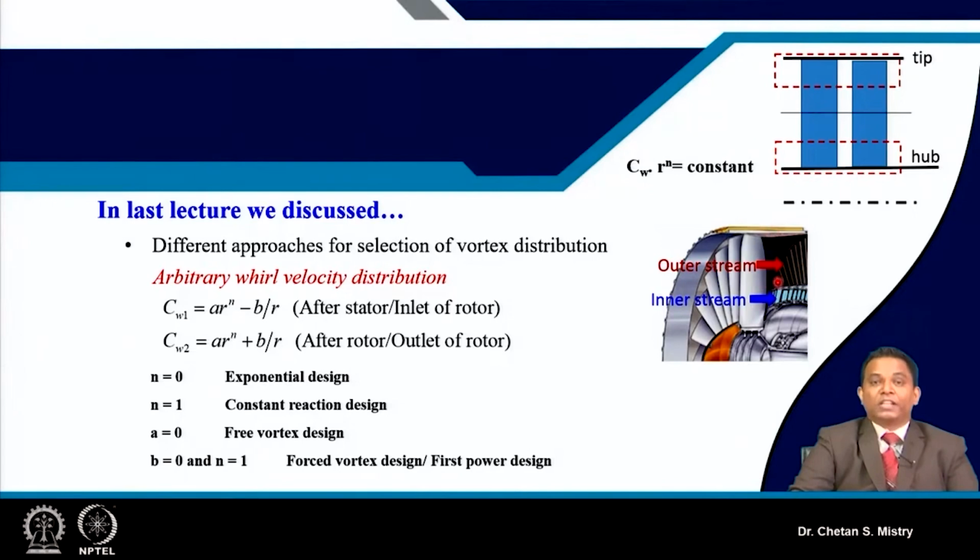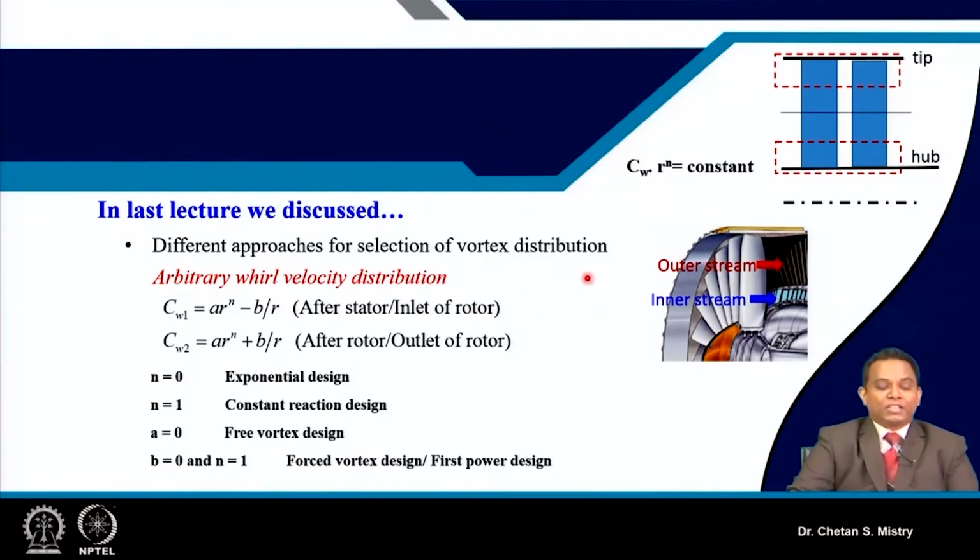On the upper portion of the blade, where the radius and speed are changing, we consider the loading to be higher, and the expected pressure rise in that region is higher. In that case, you need to modify the vortex energy equation to account for the variation of stagnation enthalpy with radius.